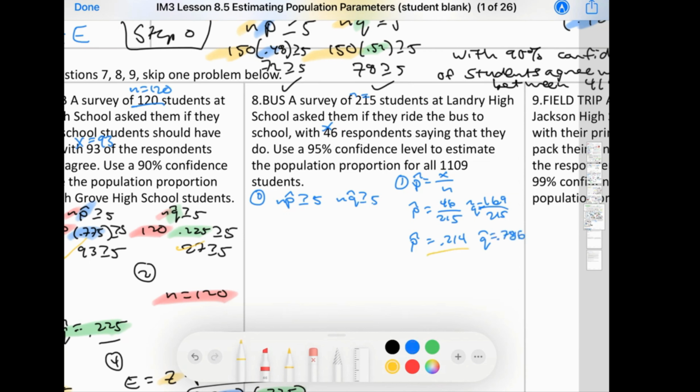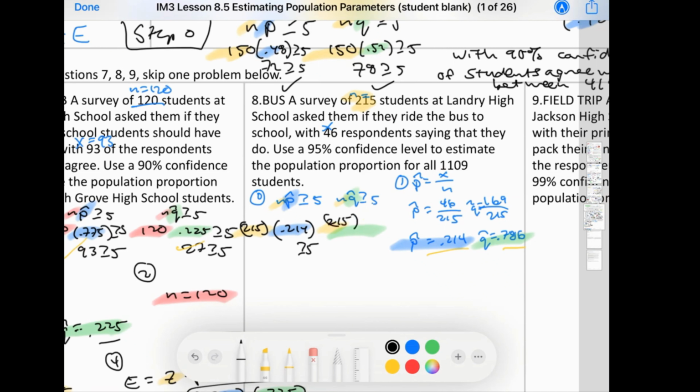Because remember, those two numbers equal to 1. So I can take this number, put it right here, Q hat, take that number, put it right here, N value, 215, and let's just fill it in here. 215, 0.214, is that greater than or equal to 5?